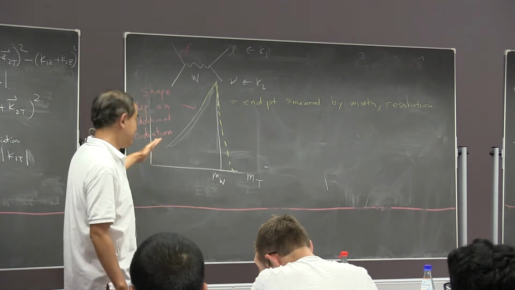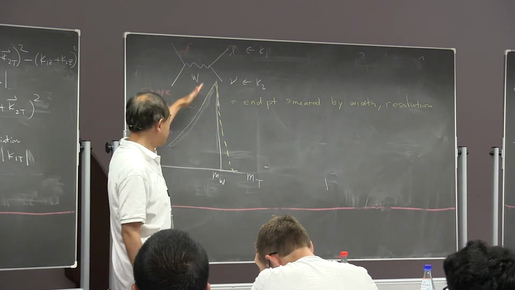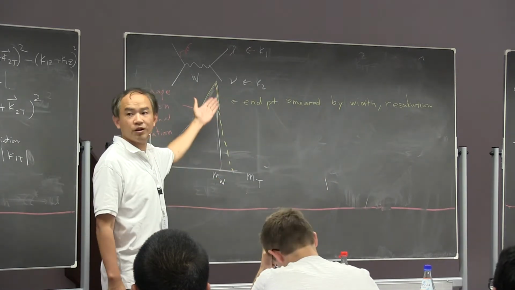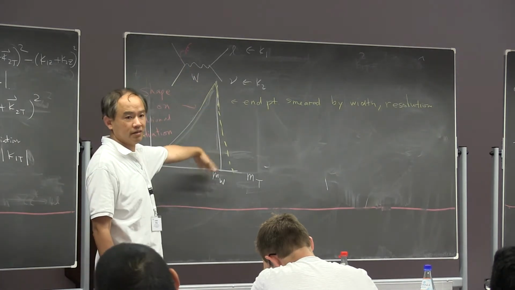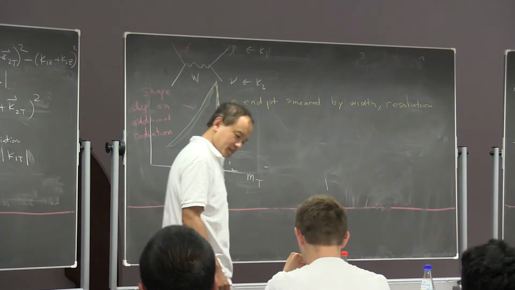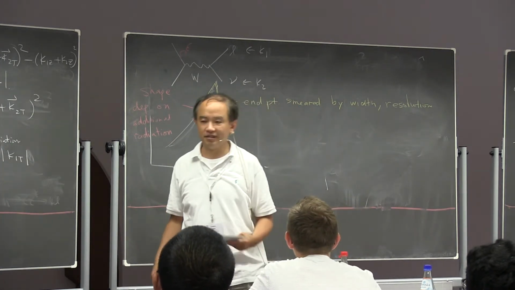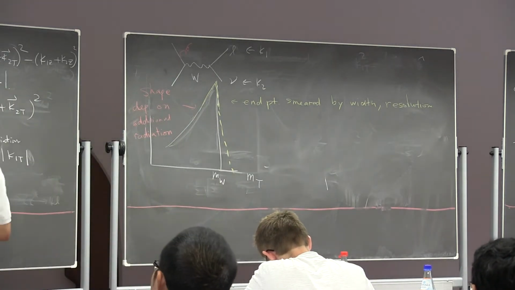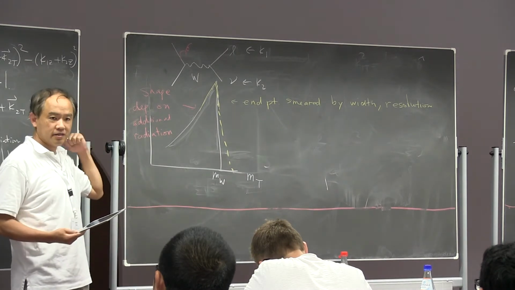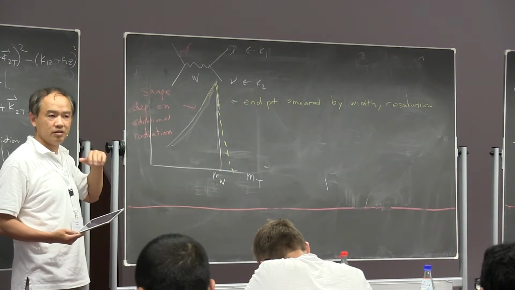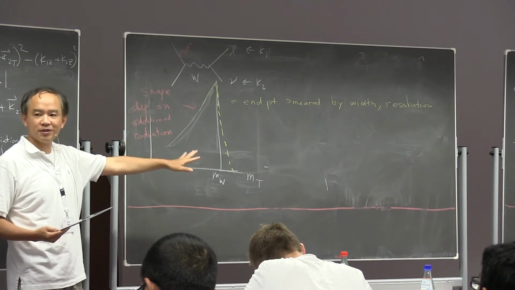But of course, it's not that simple. To actually do a good measurement, you need to predict this distribution very well, which requires you to calculate all these things. It's a big business how to do W mass measurement accurately at hadron colliders. But the basic idea is using this transverse variable, even if you're missing half of the particles.